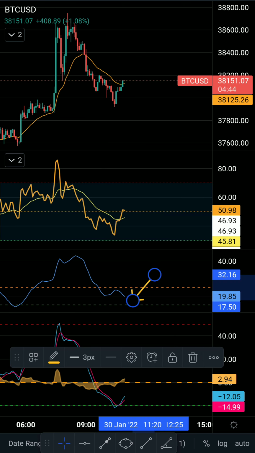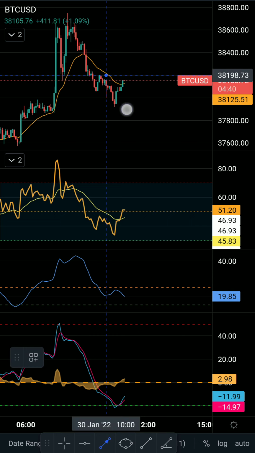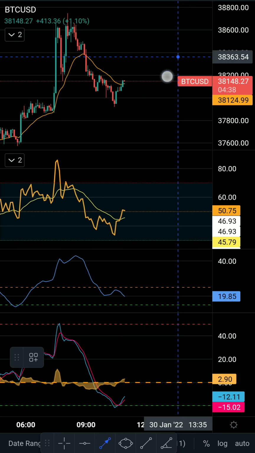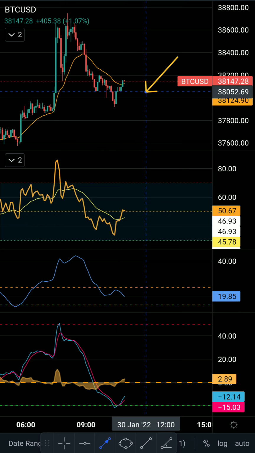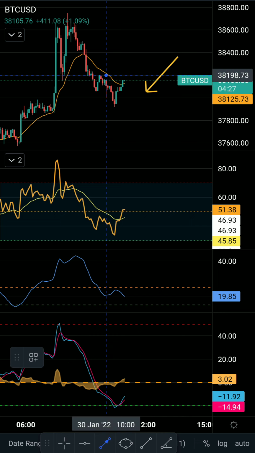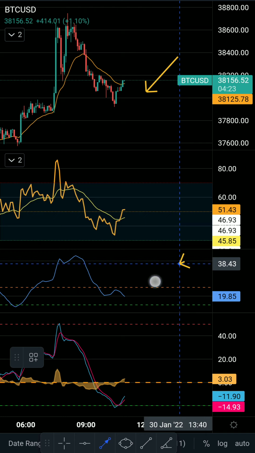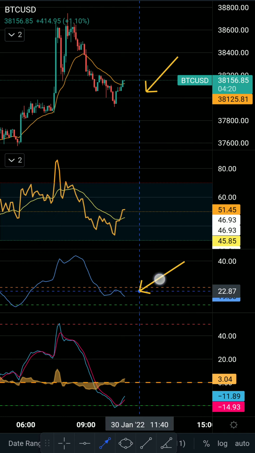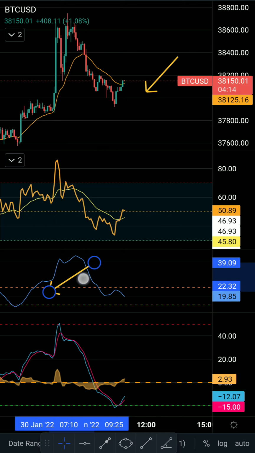So if we're expecting a long out of here, we need this to get above that orange line, which demonstrates a strengthening trend.